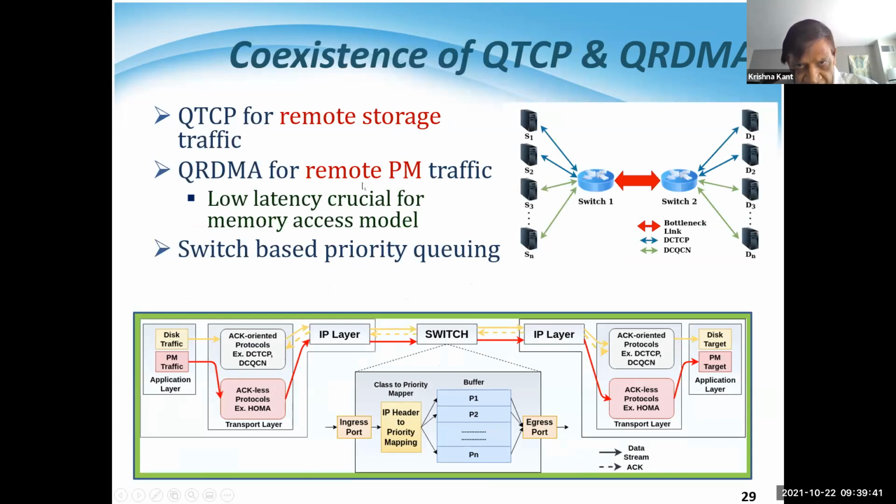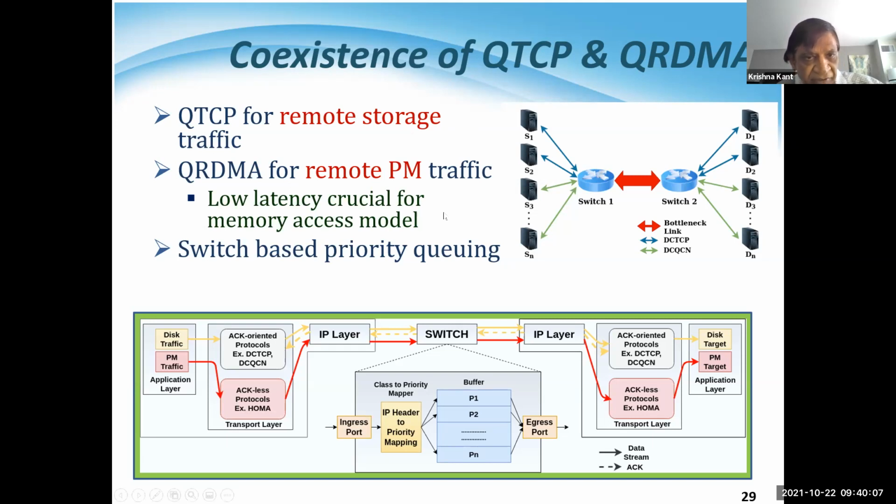We went even a step further, and let me explain why we did that, which is the mixture of QTCP and RDMA. The motivation for this is, as I already said, that the storage is always remote. Now we have these emerging persistent memory technologies, which are very fast, but very expensive.